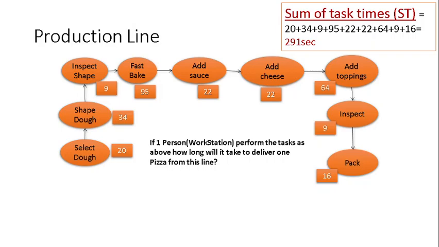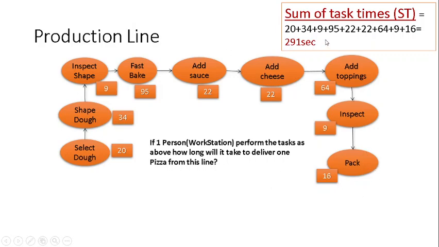Well, if you think a little bit, you will see that whenever some material is introduced here at the beginning of the line, it takes, as we said, 291 seconds to reach the end.